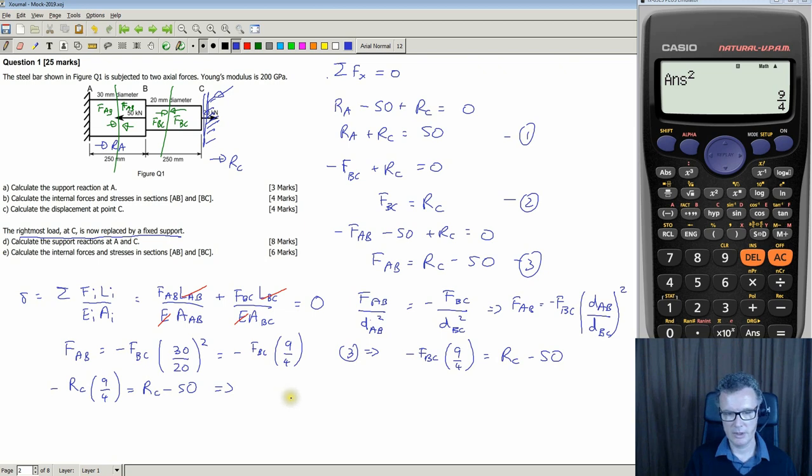So what is that going to be? 50 can go on the left, so 50, and then I've got 1 take away 9/4. So minus 5/4. Oh, no. Why did I minus? It should be plus. 13/4.